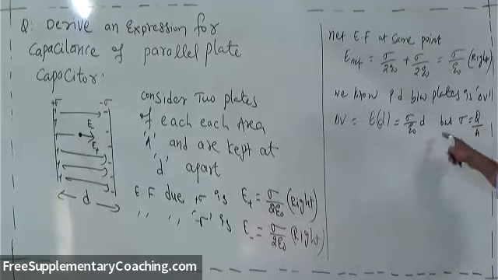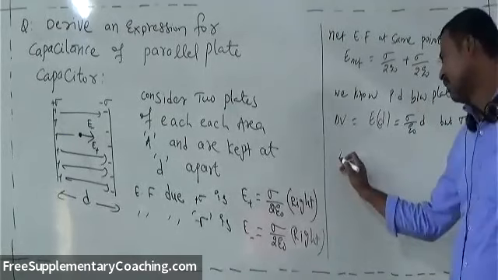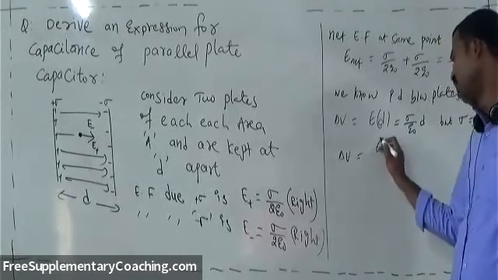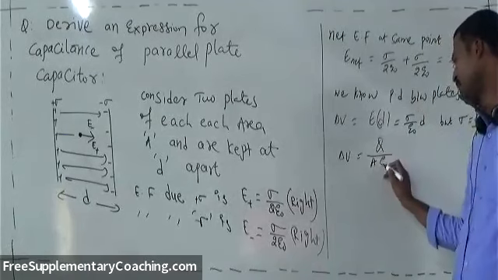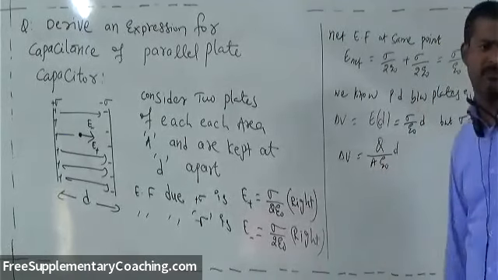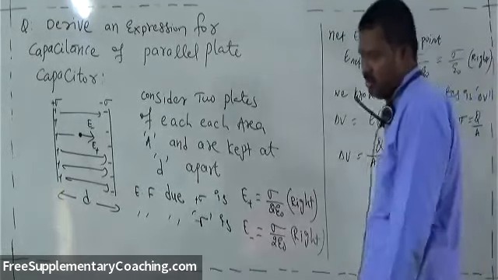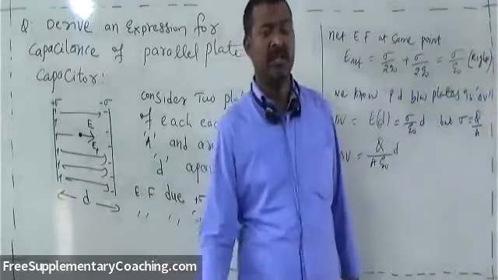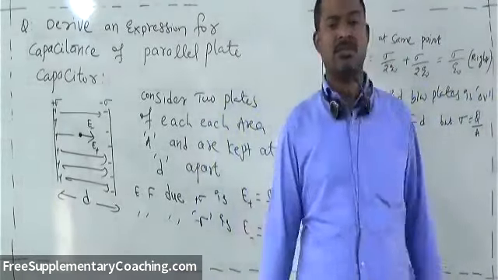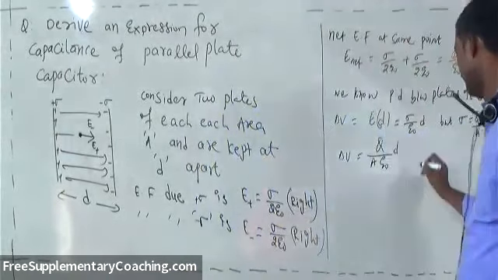So delta V is equal to Q by A epsilon naught into D, yes or no?